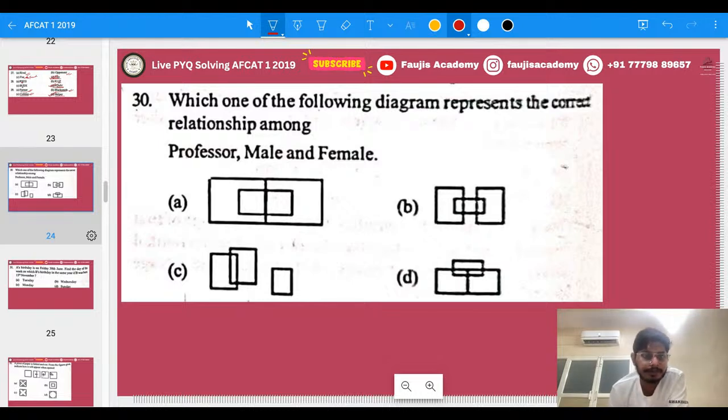How about this one, guys? Question number 30.